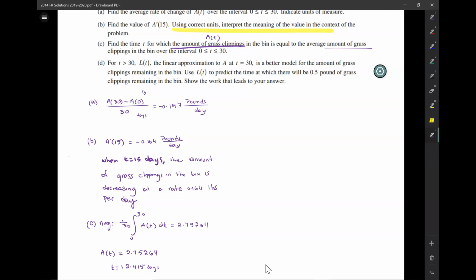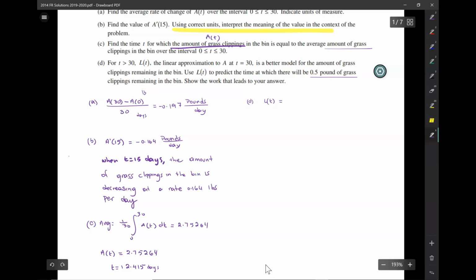Use L of t to predict the time at which there will be 0.5 pound of grass clippings remaining in the bin. Show the work that leads to your answer. You want L of t equal to 0.5, so first we want L of t.